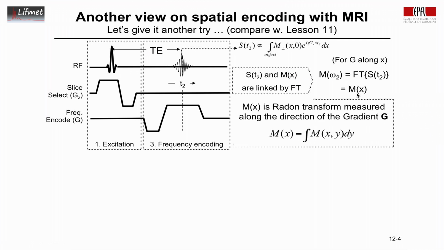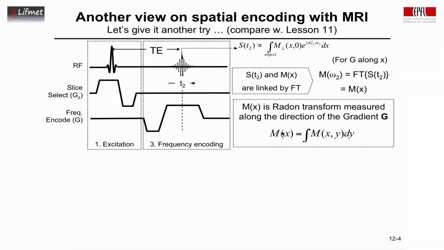Okay, so actually, if we look at a two-dimensional object at a given position in x, all the magnetizations that have the same coordinate along x for this gradient along y will have the same precessional frequency, so we cannot distinguish them. They'll just appear as a stronger signal. And this is reflected in that we have to sum along y all the magnetizations along y for a given position x.